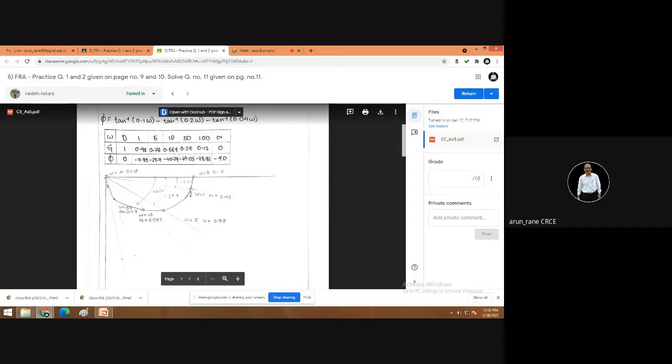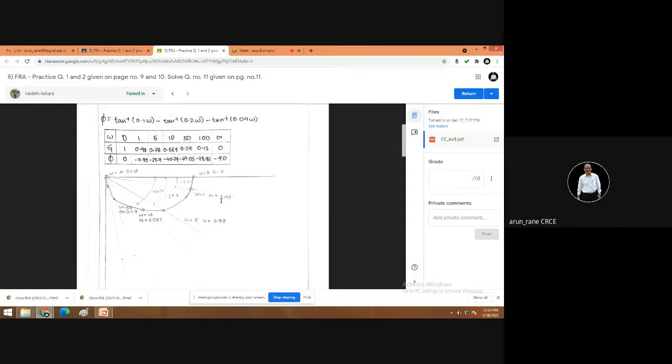And here, G is 0.98 and omega is 1, that you have to write at this point.